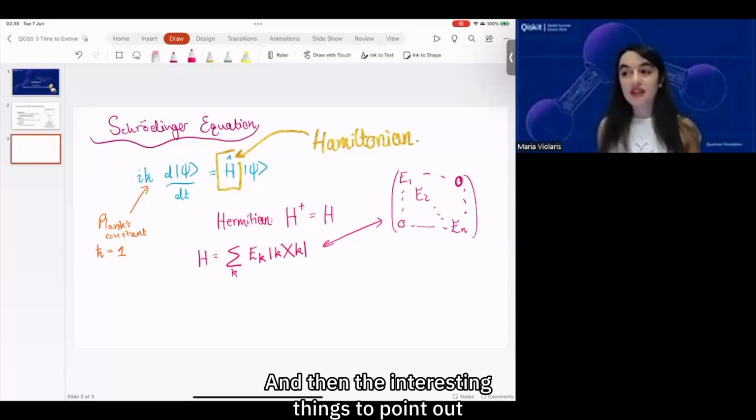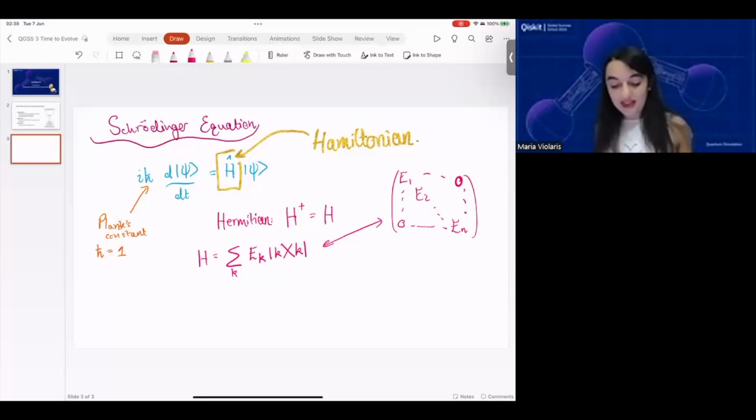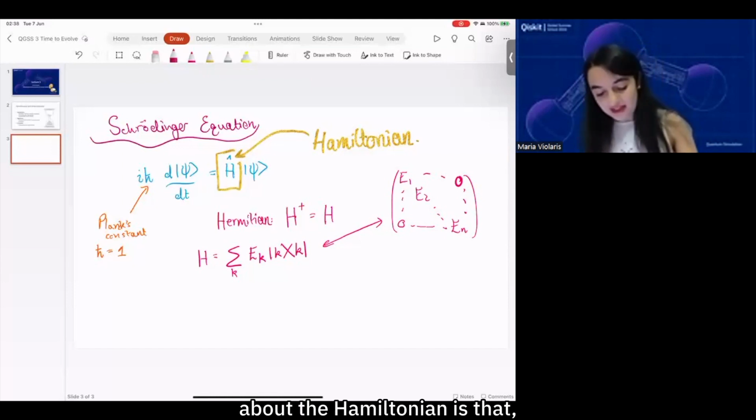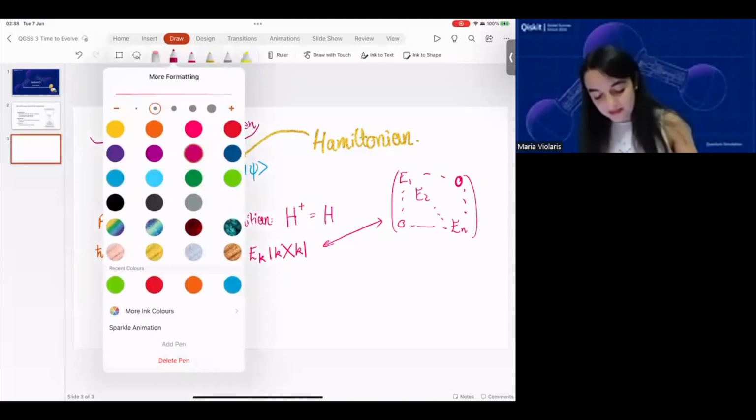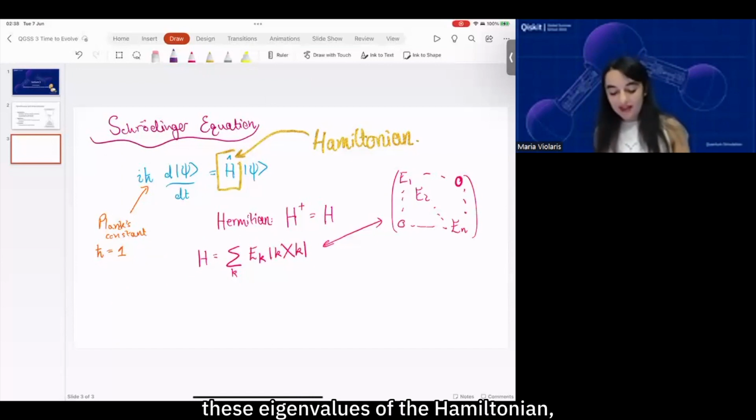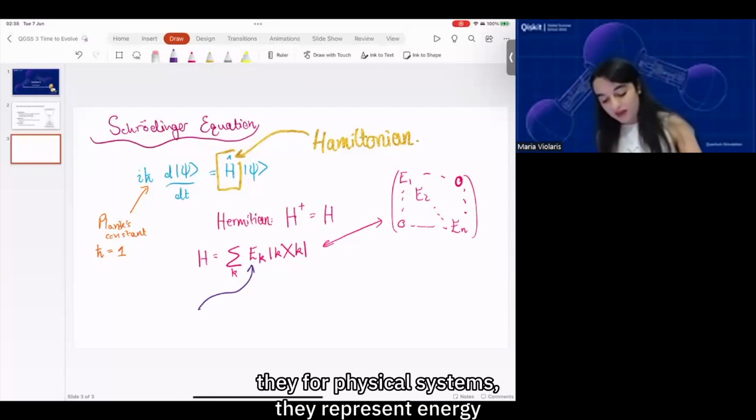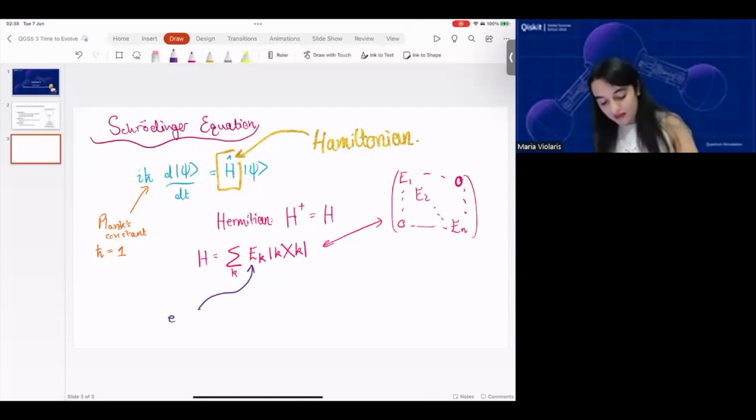The interesting things to point out about the Hamiltonian is that these eigenvalues of the Hamiltonian, for physical systems, represent energy.